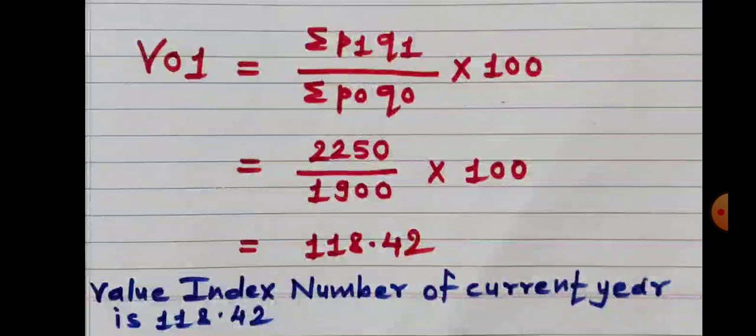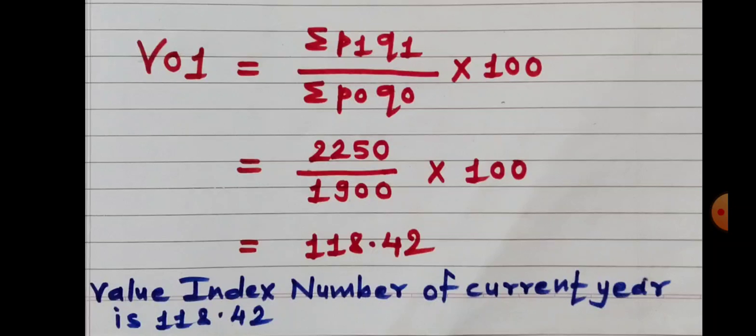After that we have to find out value index number. For that, what is the formula of value index number? That is V01 is equal to sigma P1 Q1 divided by sigma P0 Q0 into 100.